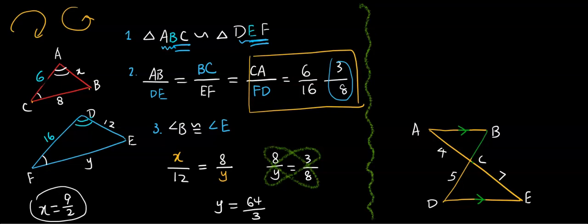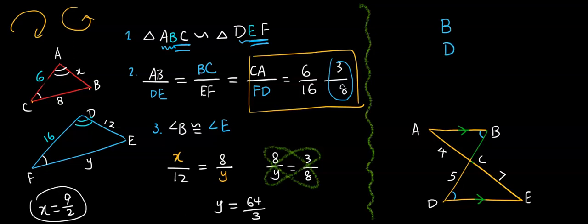Okay, if it's parallel, we can say these two angles, angle B and angle D, are going to be congruent angles, corresponding congruent. So I'm going to write them down vertically.